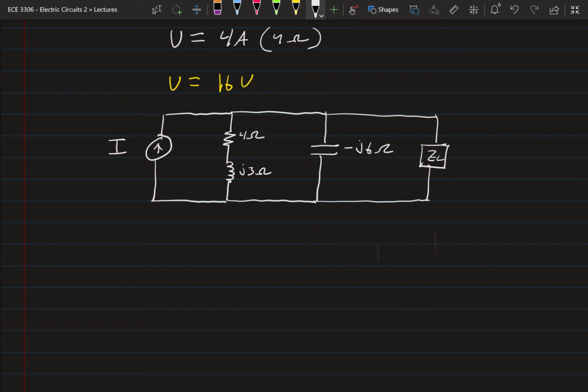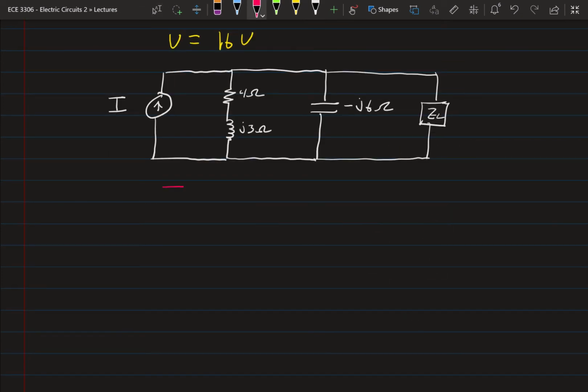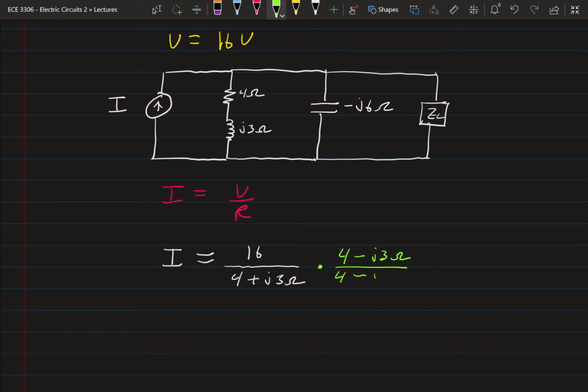All right. So we need to calculate I. We know that I is equal to V over R. So in this case, our I is going to be equal to 16, but now we're over a complex value, so we have to do a little bit more algebra: 4 plus j3 ohms. We're going to get the complexes to the top, so let's multiply by the complex conjugate, 4 minus j3 ohms over 4 minus j3 ohms.